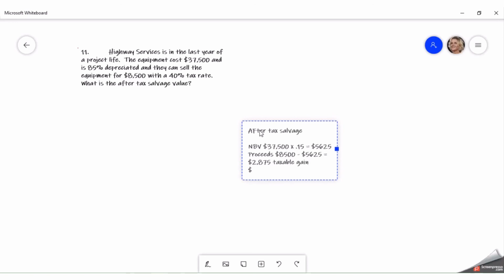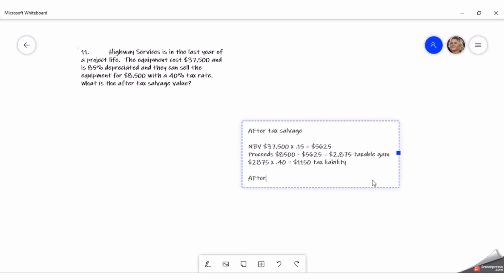Then we come down and say, okay, that $2,875 times 40% is a $1,150 tax liability. So we're going to owe the IRS $1,150 in taxes if we sell that asset for $8,500.